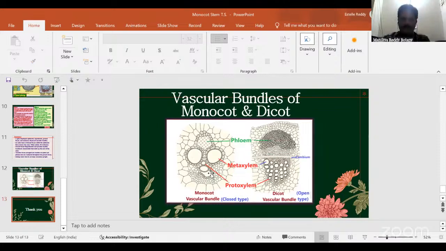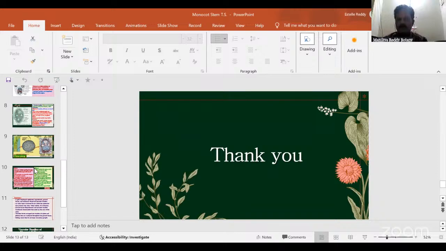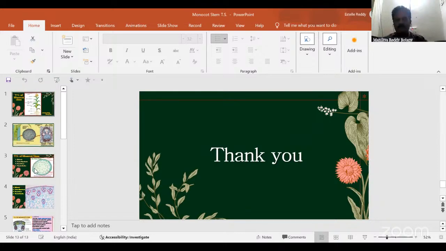Let's have a look again. The monocot stem is having different parts. The first part is epidermis, second part is cortex, and the third part is the ground tissue. The fourth is vascular bundle.